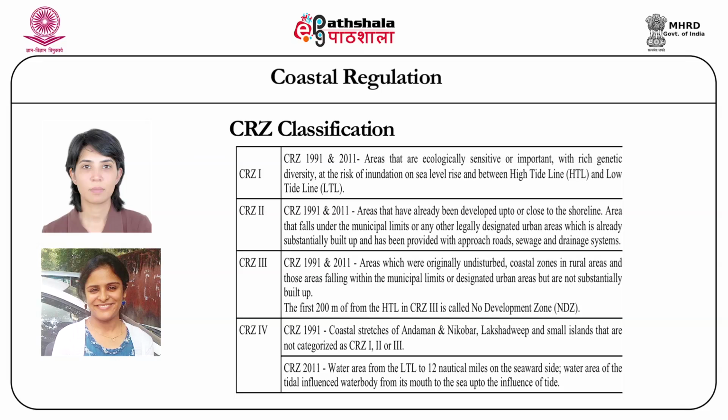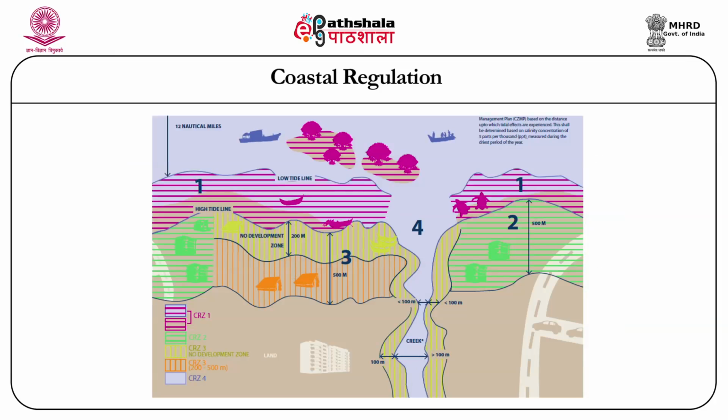Of these CRZ3 areas, the first 200 meters from the HTL is classified as No Development Zone, that is NDZ. The areas within the 100 meter from the HTL of the tidal influenced water bodies are also included in the NDZ. The areas with yellow vertical lines in the illustration indicate the NDZ areas, and the areas with orange vertical lines form the non-NDZ part of the CRZ3.